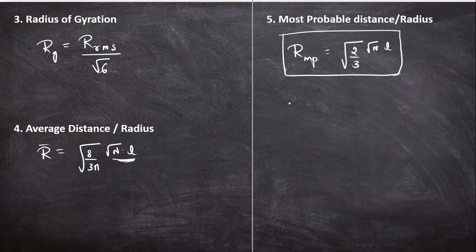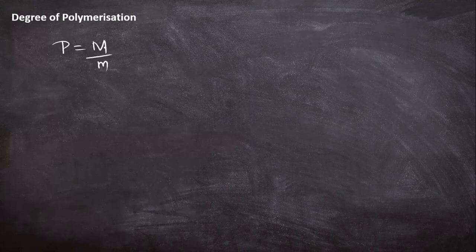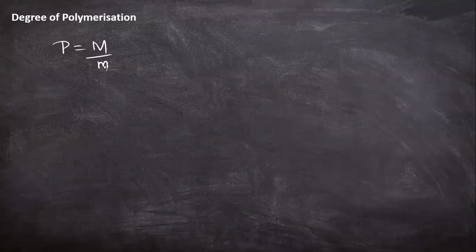Okay, and there is one more concept. Let's go with that. Yes, degree of polymerization. You can ask me, ma'am, we have already studied degree of polymerization, which is denoted by P, and you had even given us a formula for that, capital M divided by small m, where capital M represents the molar mass of the polymer and small m represents the molar mass of the monomer.